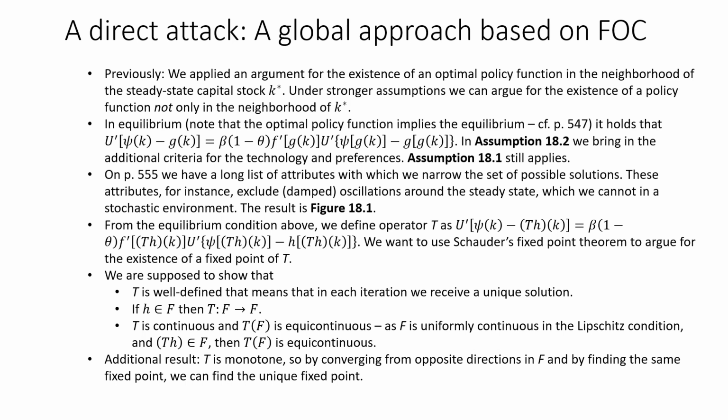In each round of iteration, if we have an initial guess to function h, then the operator maps the set F into itself, and last but not least, the operator must be continuous, and the family of functions that is created by the operator in rounds of iteration, this family of functions must be equicontinuous.